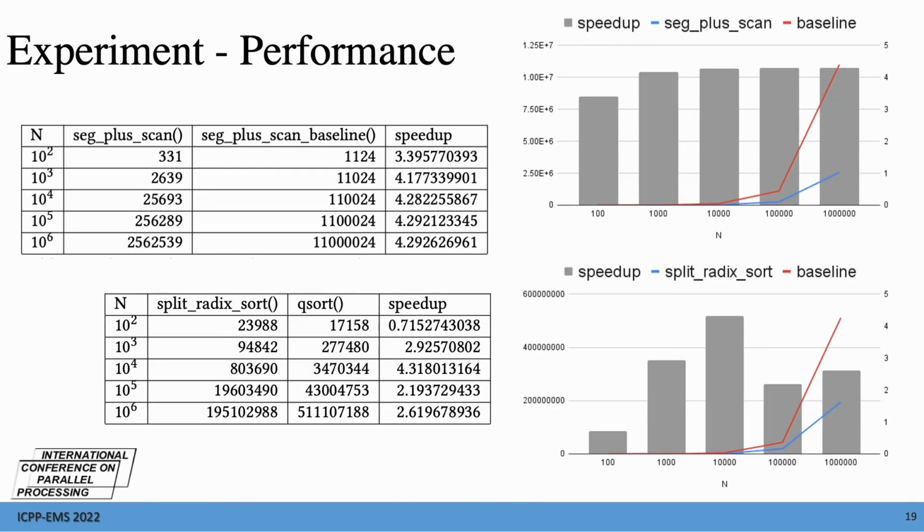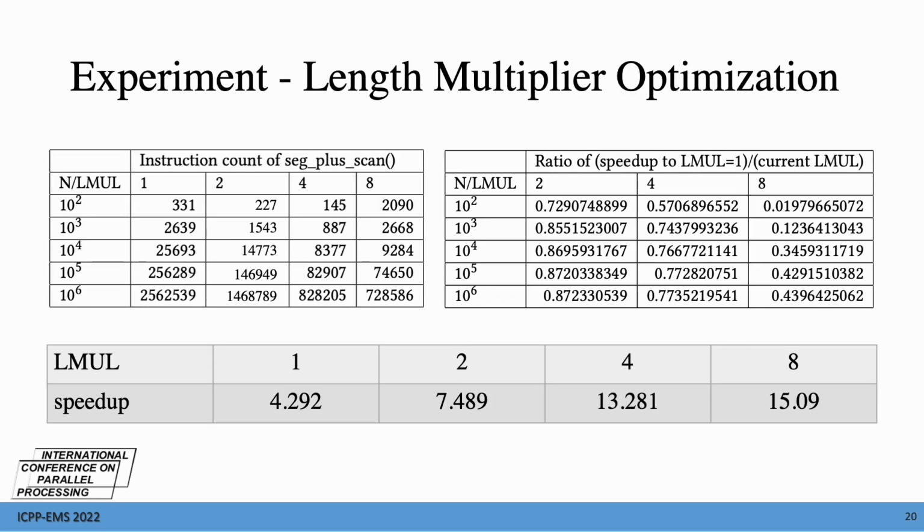We also conduct experiments on the segmented plus scan. It got better speedup than the unsegmented scan instruction. Finally, we compare a sorting algorithm developed upon our support of the scan vector model to the standard quicksort. We get better performance when the number of elements is larger than 1000 and can achieve 4 times speedup.